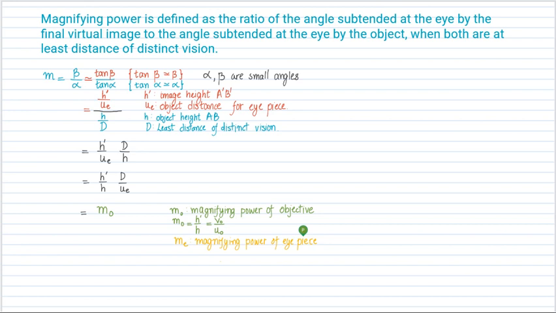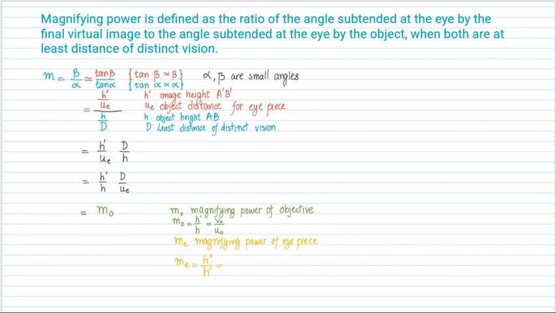Okay, this magnifying power ME should also be equal to the ratio of the height of the image h double dash upon the height of the object, which in turn should be equal to its object distance and image distance. Okay, but first let us discuss this one, h double dash by h.